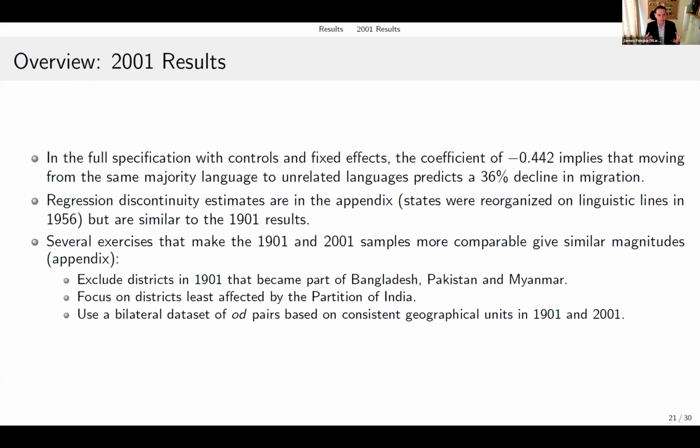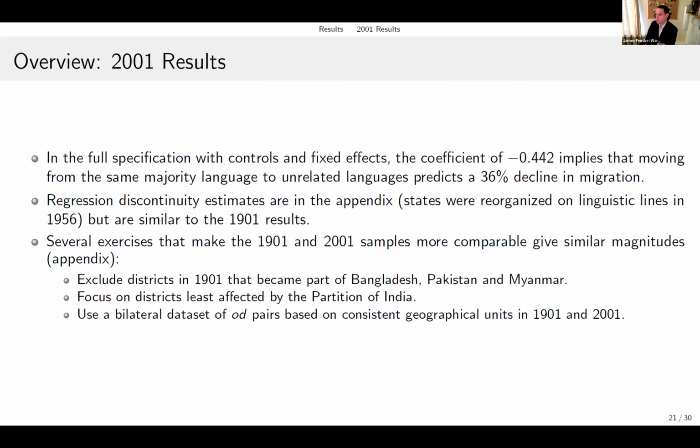And so you have confounding boundaries. We want to take the 2001 RDD a little less seriously because now crossing a linguistic boundary also means crossing a political boundary. But if you want to see it, the numbers we get are relatively similar.